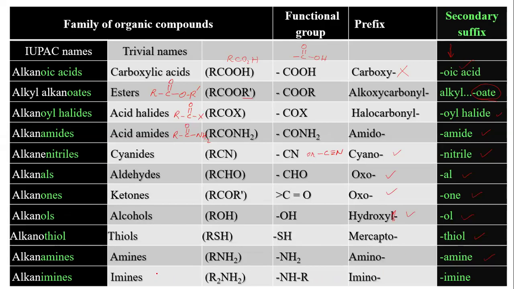Imine is actually used in two ways, and better to leave it. The term is used for those which have two alkyl groups, and sometimes it is used when a carbon-nitrogen double bond is there, but this is not part of our syllabus, so leave it.